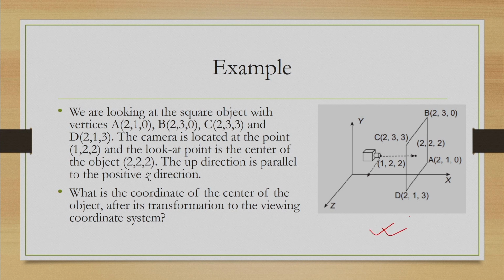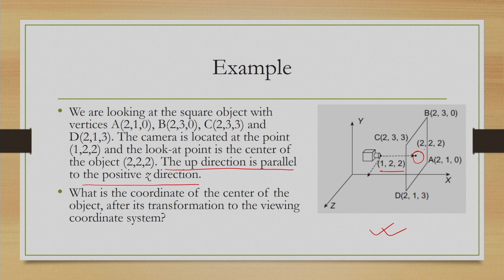Here there is a square object defined with its vertices A, B, C, D, and then we have a camera located at the point 1, 2, 2, and the look at point is the center of the square object here, that is 2, 2, 2. It is also specified that the up direction is parallel to the positive z direction.